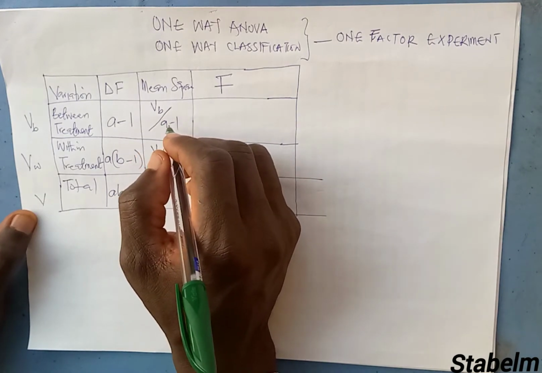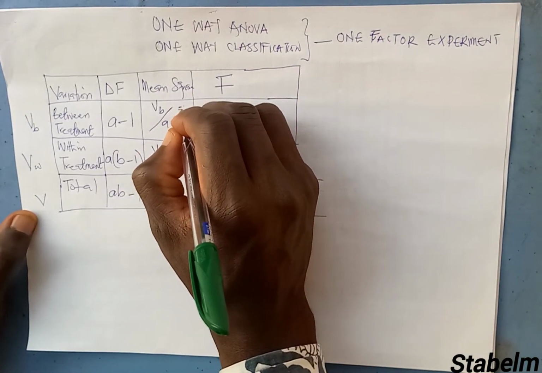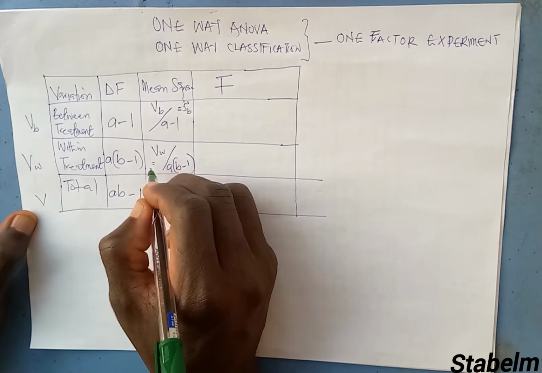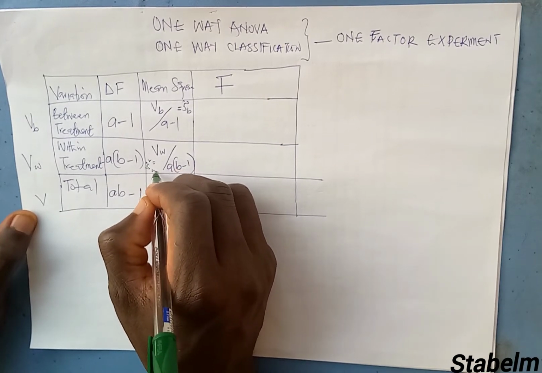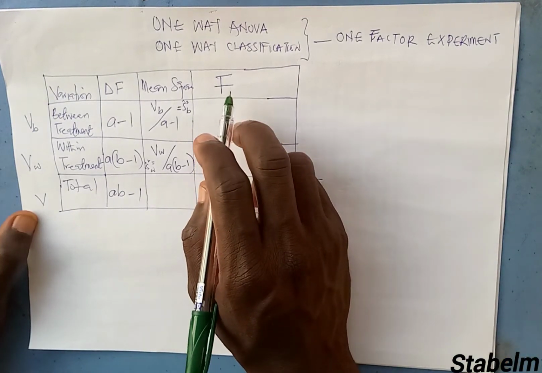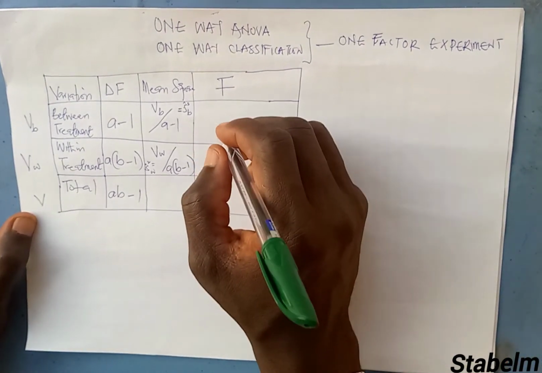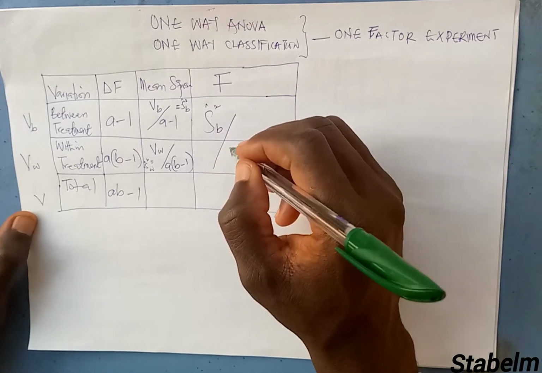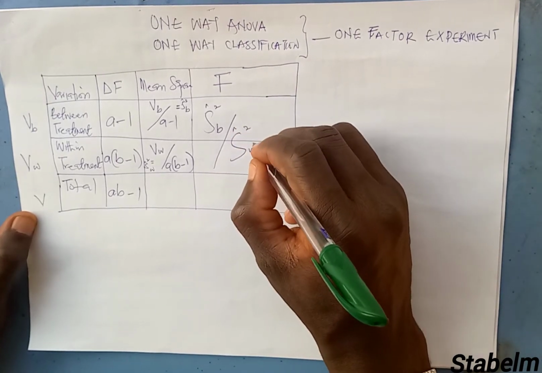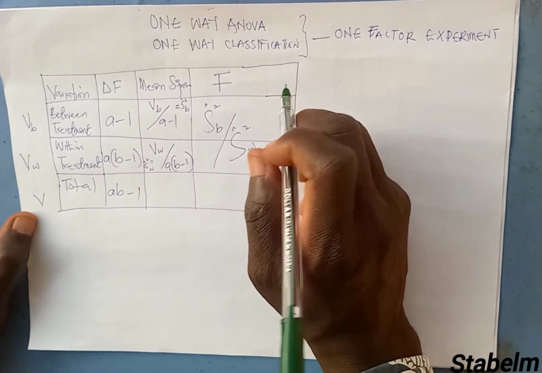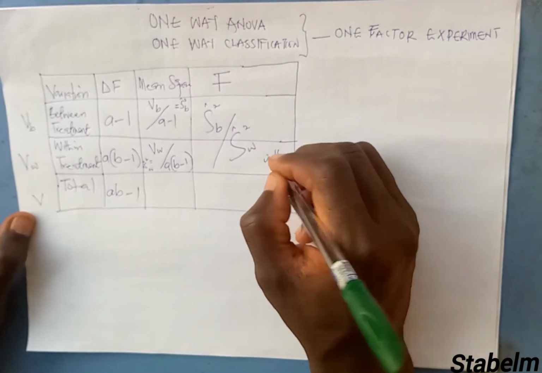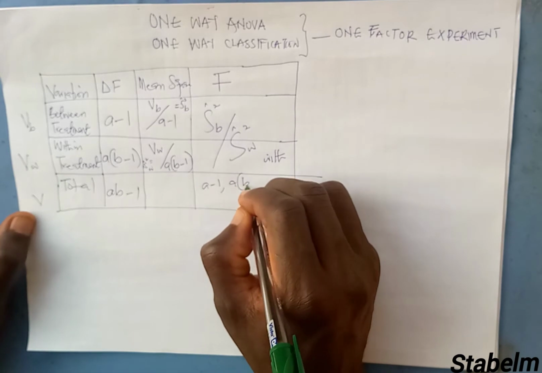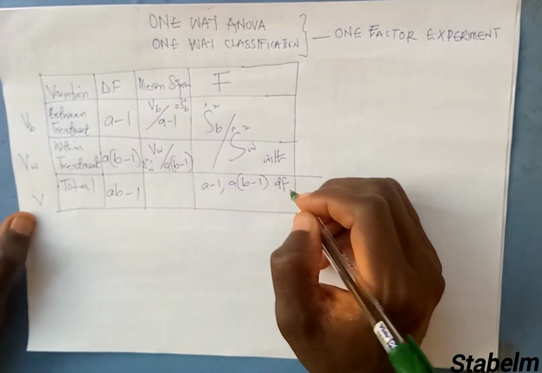Let this one represent S squared subscript B, and let this one represent S squared subscript W. Therefore, to get the F statistic, we take S squared subscript B divided by S squared subscript W, which gives us the F statistic with a minus 1, comma, a into bracket b minus 1 degrees of freedom.